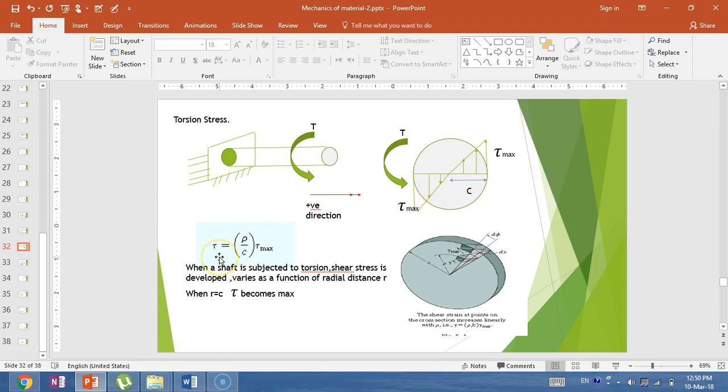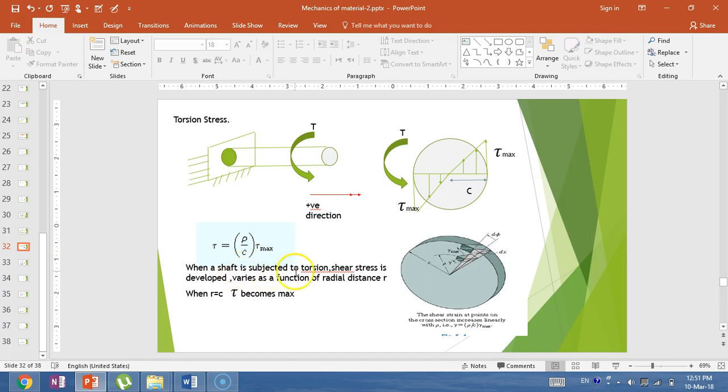So tau, which is the general expression, will be equal to rho over C multiplied by tau maximum. Rho is the center line to the point you want to calculate the tau at, and C is the radius. Tau maximum is the maximum value.